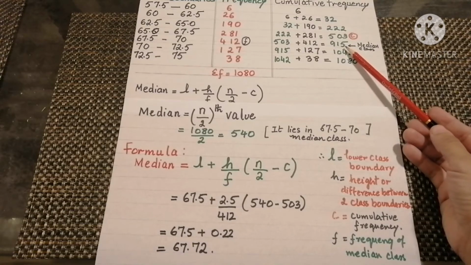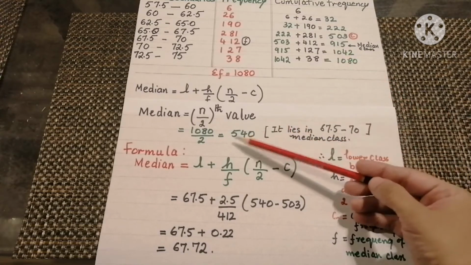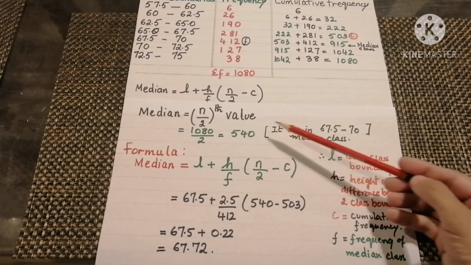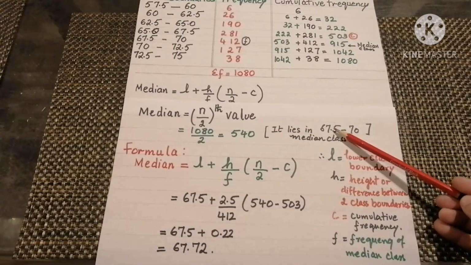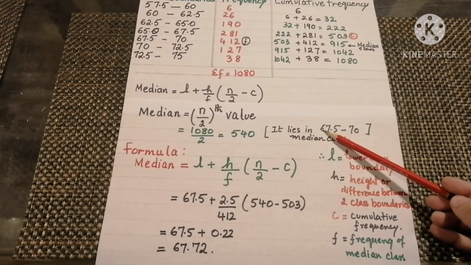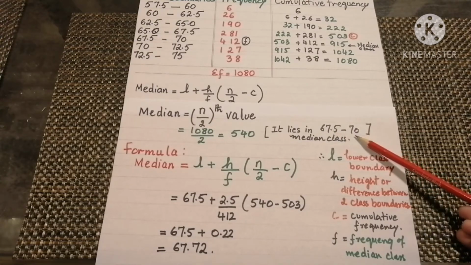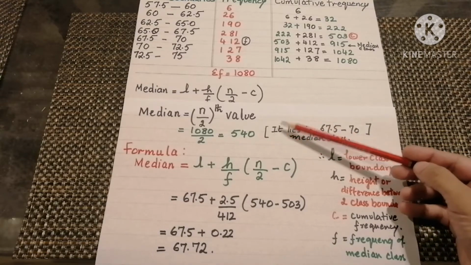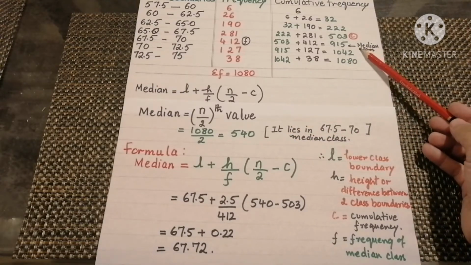We say this is called the median class because the value that we calculated, n by 2th value of the median, lies in the class boundary where the values are 67.5 to 70. Hope you have understood this concept of how we locate the median class.